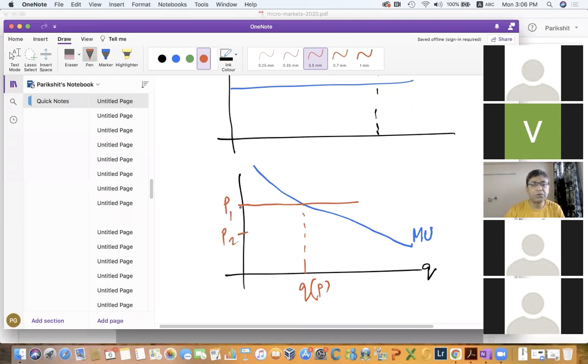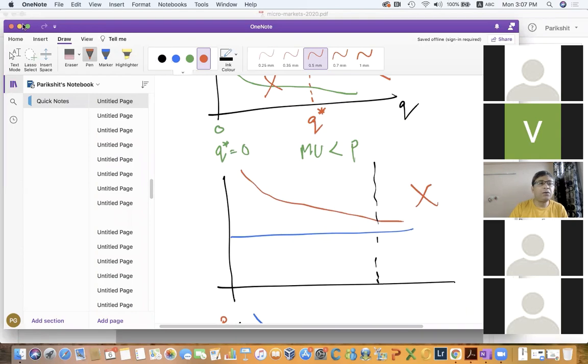P1, P2, P3. Now, what is a demand curve? A demand curve gives us, for every price, what is the quantity the consumer will buy. And so essentially, once we draw the marginal utility curve, it gives exactly that information, given the optimization principle. So the marginal utility curve is the demand curve of the consumer, right?